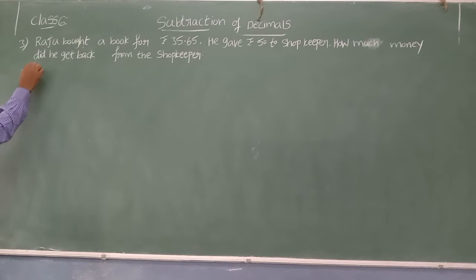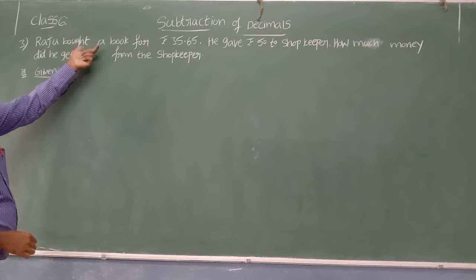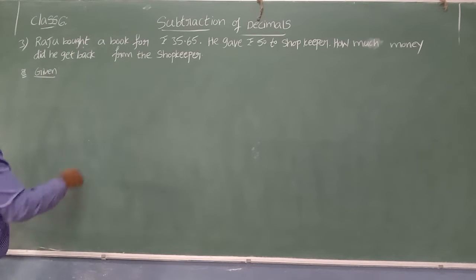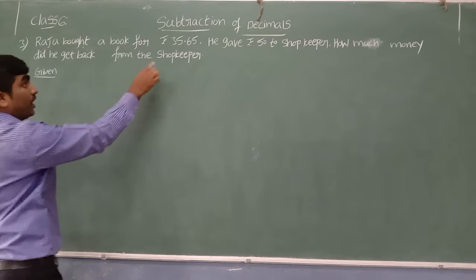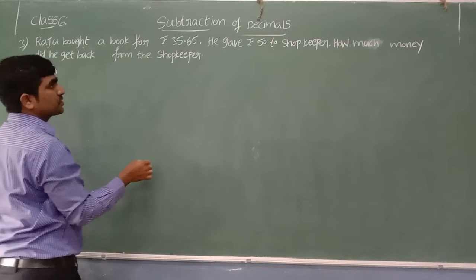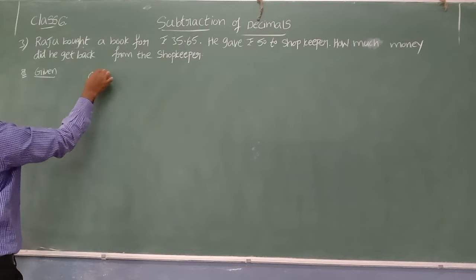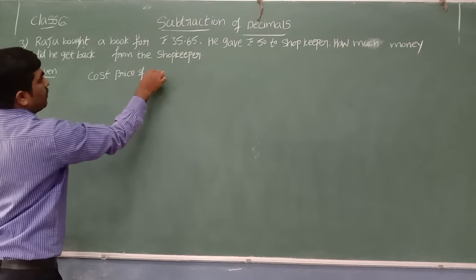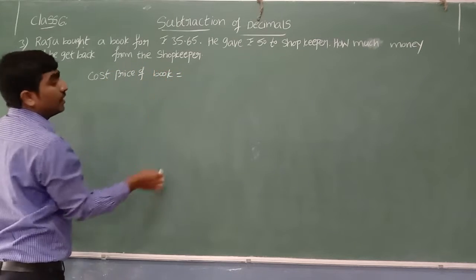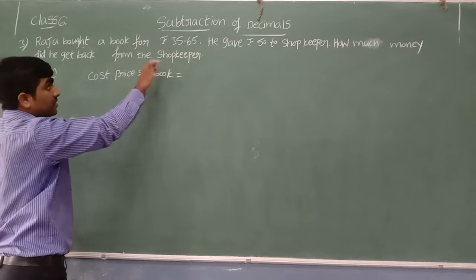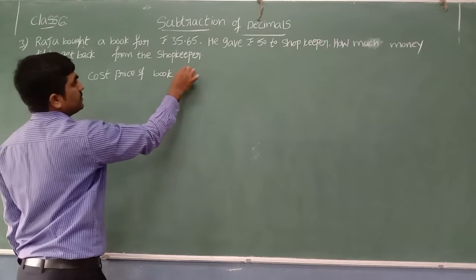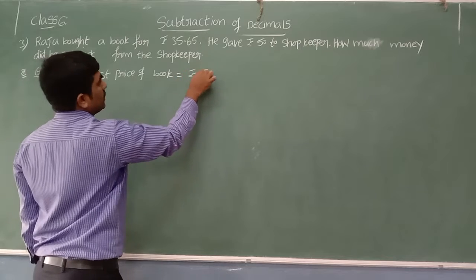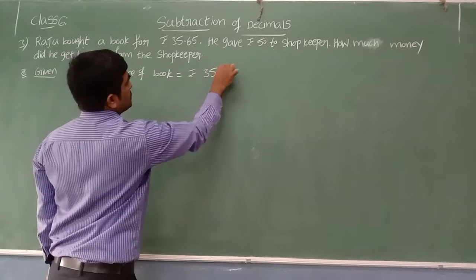So first we write the given information. Children, in the question they gave the cost price of the book. Raju bought a book for 35.65 rupees. The amount at which he purchased the book is called the cost price. Cost price of the book, which is rupees 35.65.